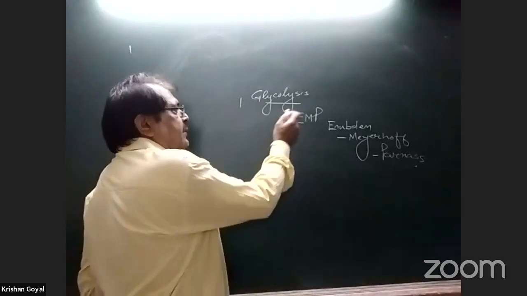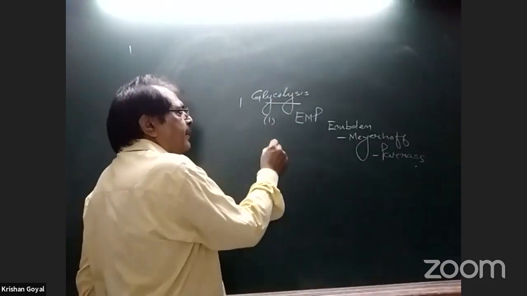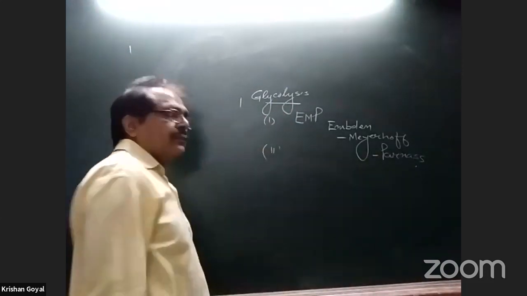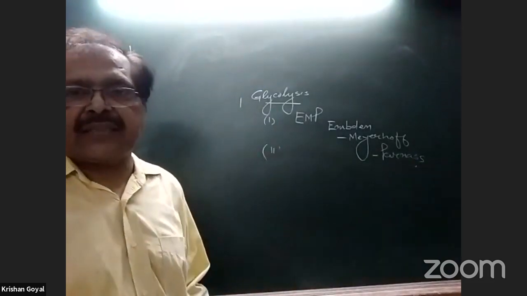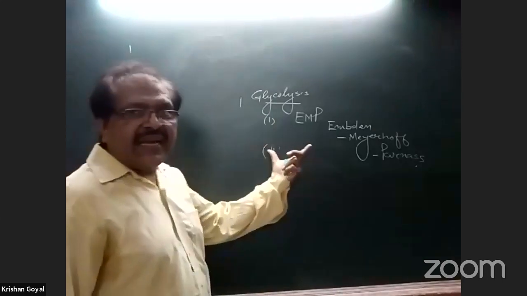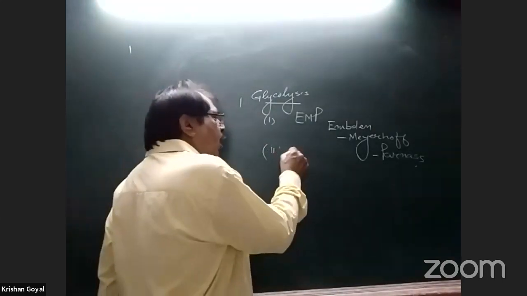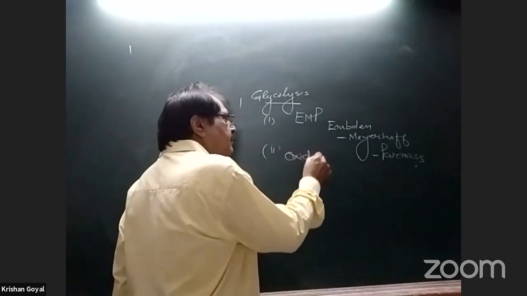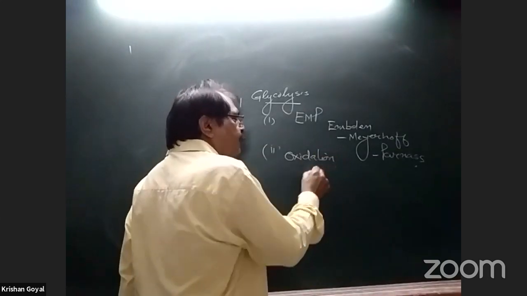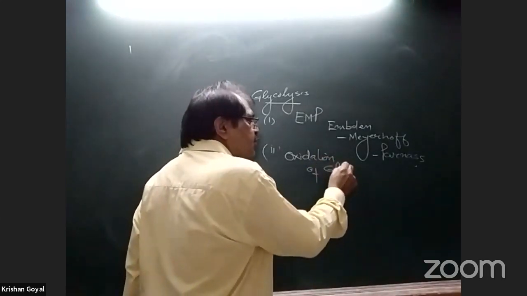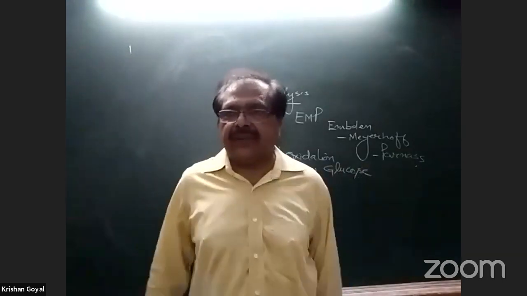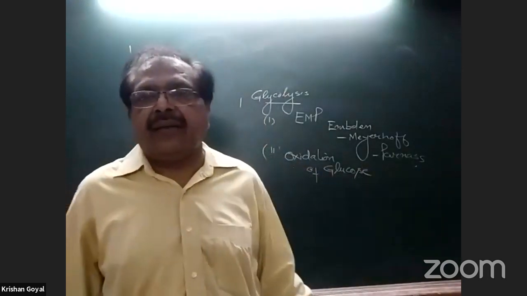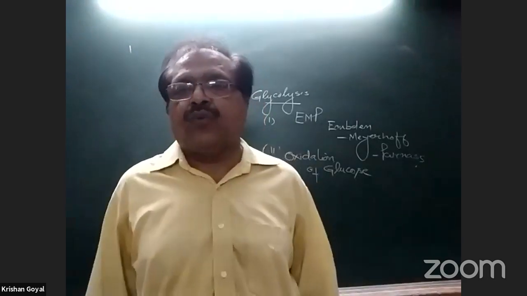Number 2 question. Respiration is always an oxidative process. What is oxidized over here? It is the oxidation of glucose. Glucose is the simplest carbohydrate. We eat anything, ultimately it gets converted to glucose.